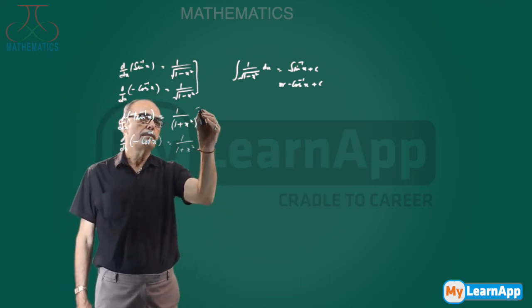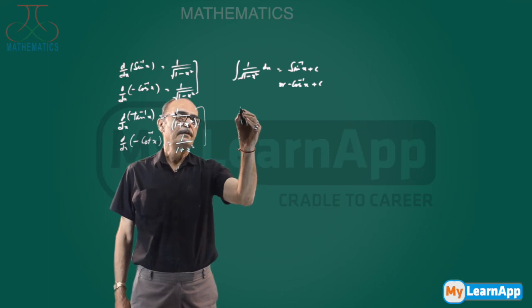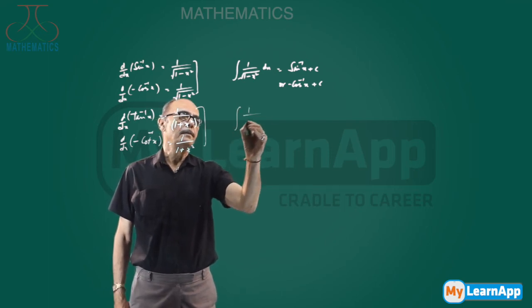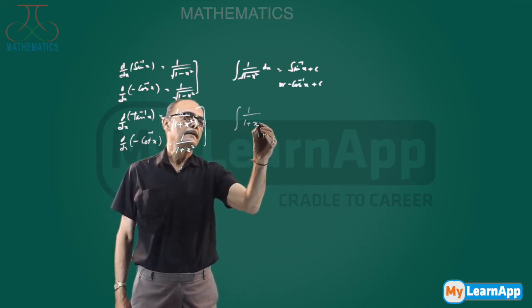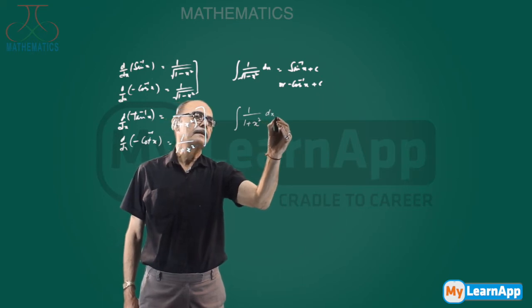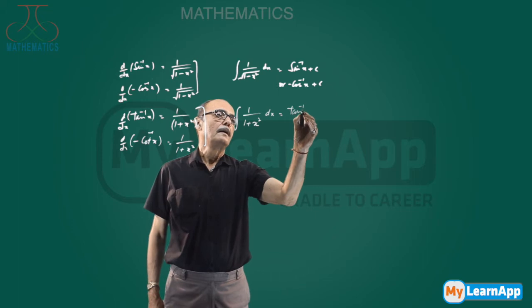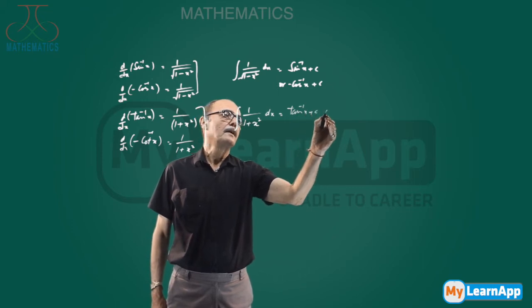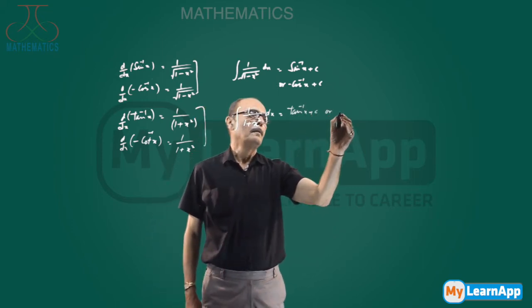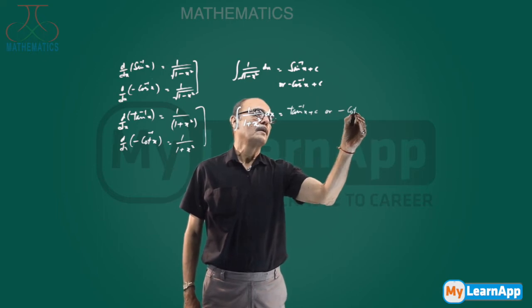So, combining this result, we have integral of 1 upon 1 plus x square dx equal to tan inverse x plus c, or minus cot inverse x plus c.